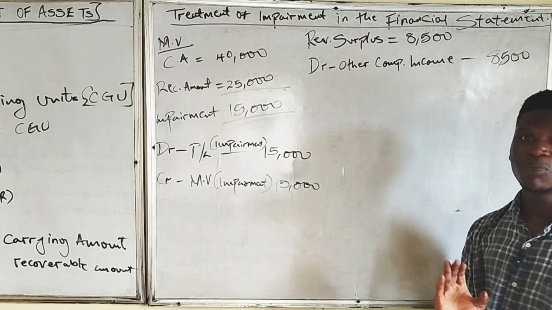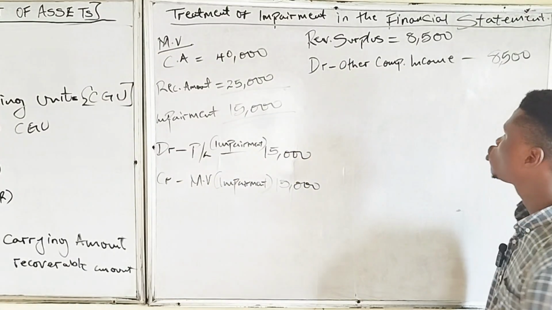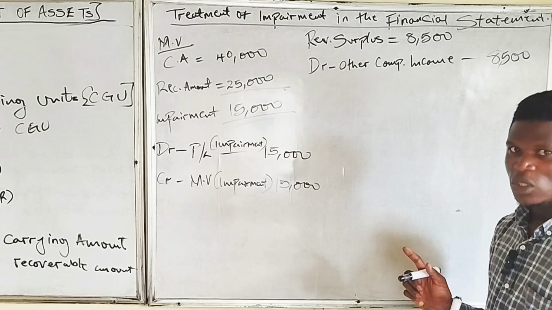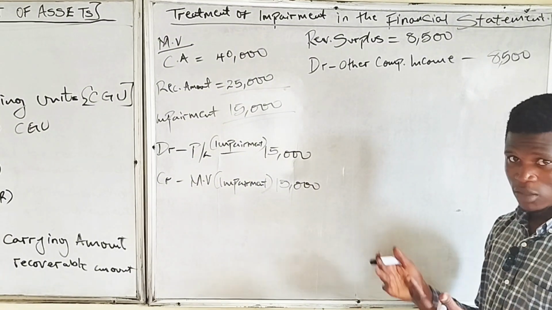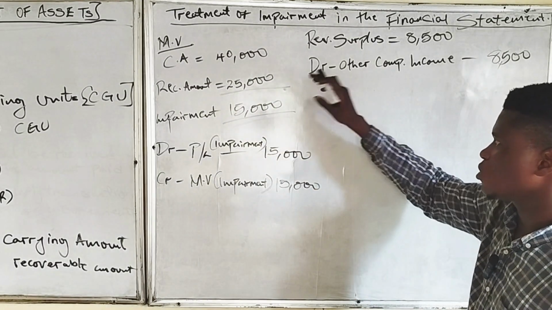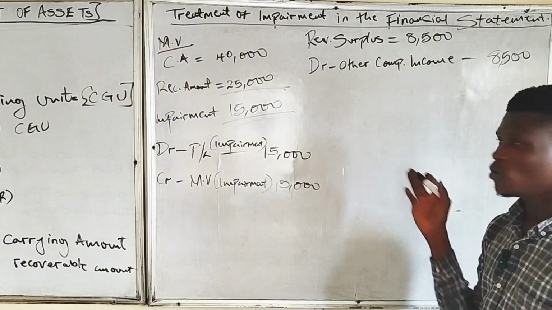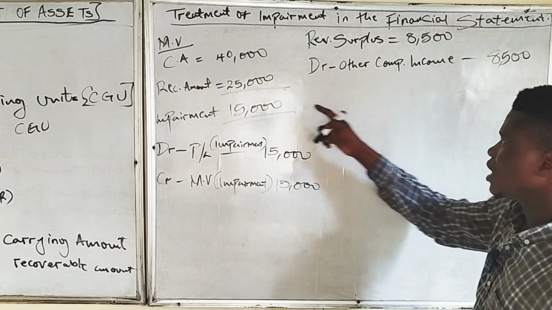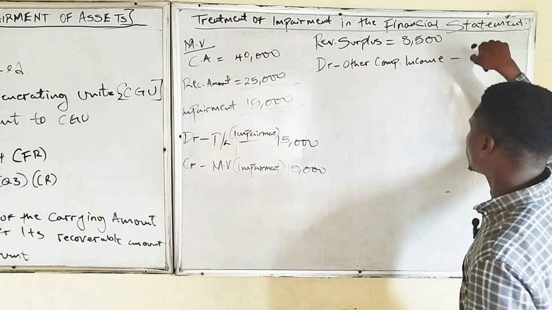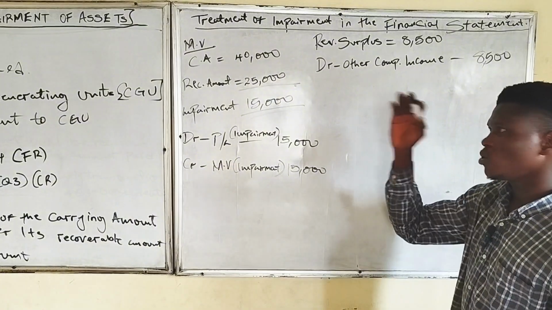Since the asset has been previously revalued, the impairment loss suffered afterward should reduce or cancel the previous revaluation surplus. If it can remove everything, that's that. So for this case, we have an impairment loss of 15,000, but a previous revaluation surplus of 8,500. 8,500 cannot accommodate 15,000, so we can only remove 8,500 from 8,500 so that there will be no revaluation surplus on the motor vehicle.